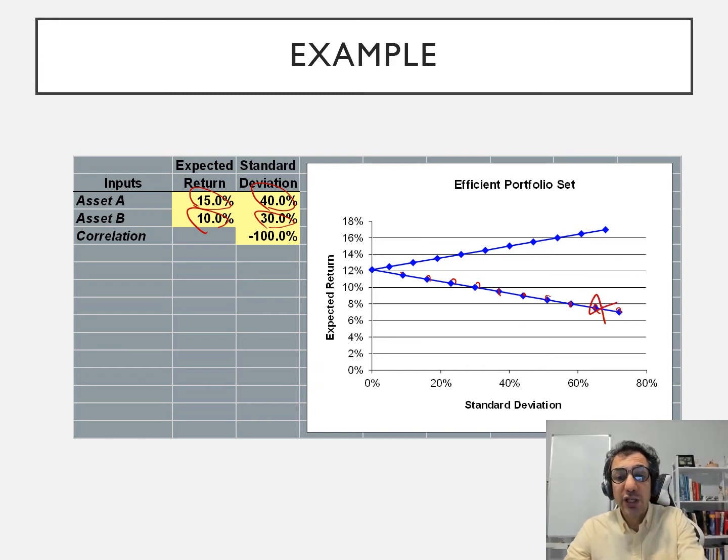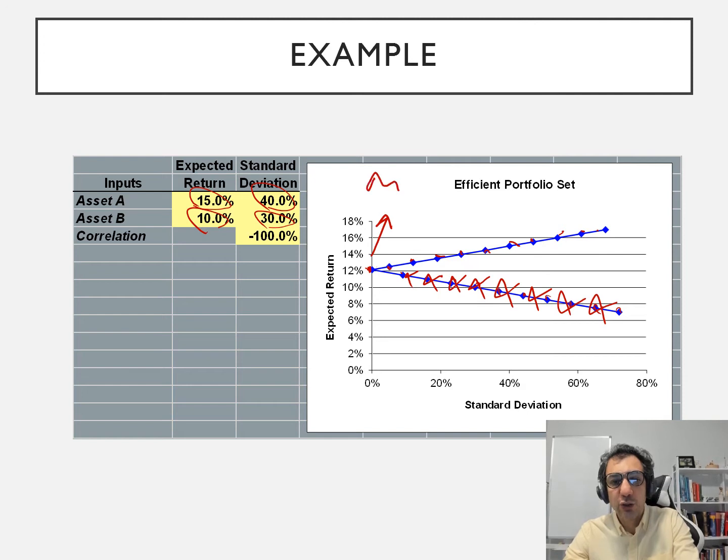As I mentioned, these portfolios are inefficient because you can find a higher return for the same level of risk. Starting from the most left side, we will see the efficient portfolio set, so we can choose any of these portfolios. And the one here is your minimum variance portfolio.